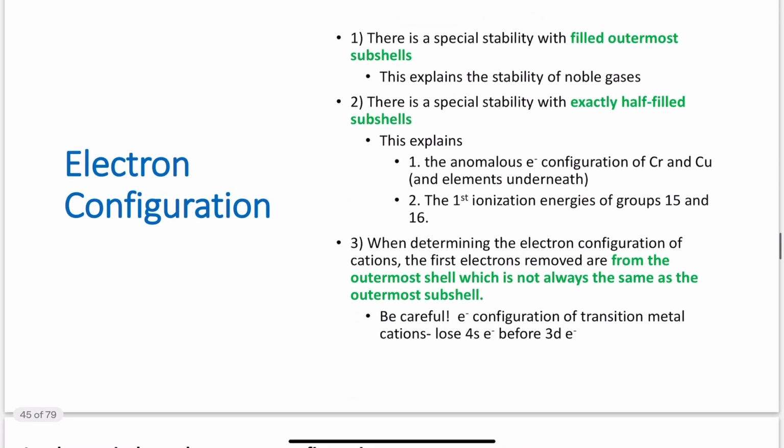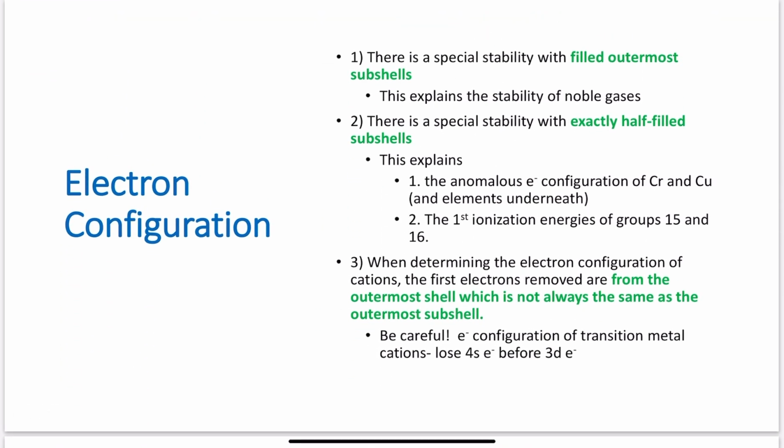Okay, so there is a special stability with filled outermost subshells. That means a filled 4s, a filled 2p, a filled 3d, a filled 4f. But this is what explains the stability of noble gases. So outermost subshells, if I can fill these subshells, especially filling a shell, noble gases have a full filled shell, which is super stable.